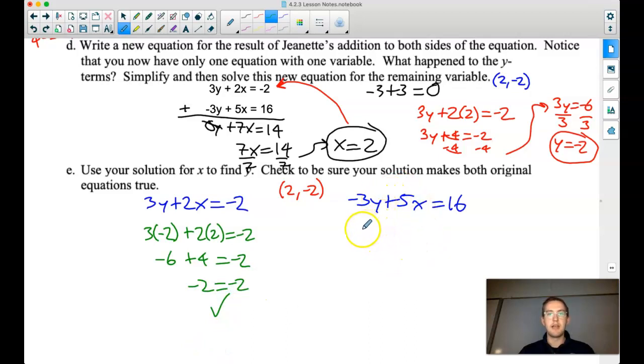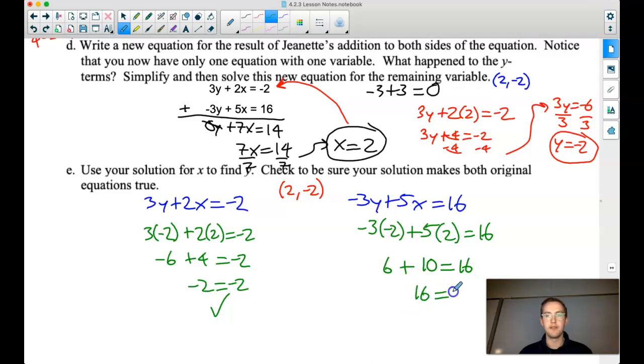Do the same thing on the right-hand side. -3 times -2 plus 5 times 2 is equal to 16. A negative times a negative is always a positive, so this turns to +6. Plus 5 times 2 is 10, is equal to 16, which is indeed a true statement because 6 plus 10 is 16. So we are good to go. We solved that system correctly with elimination.